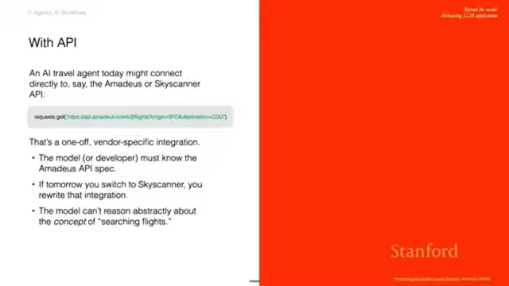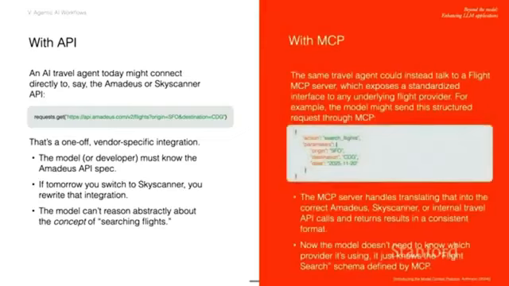So you would have to build or sort of give the API documentation of your flight API, your booking hotel API, your car rental API, and then you would give tools for your model to communicate with those APIs. It doesn't scale very well, versus MCP.